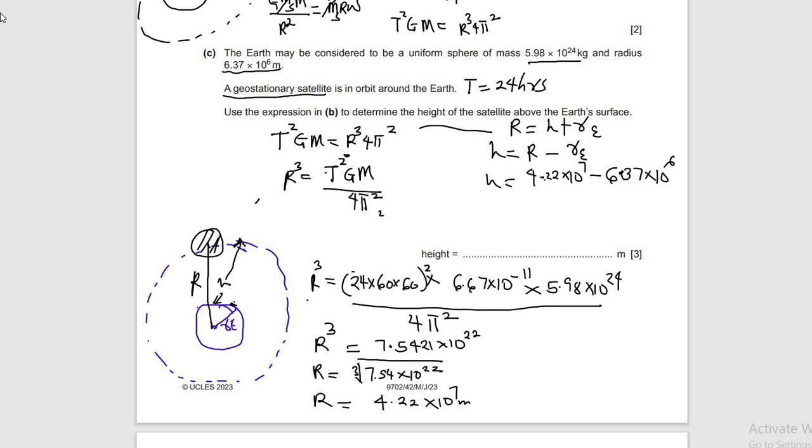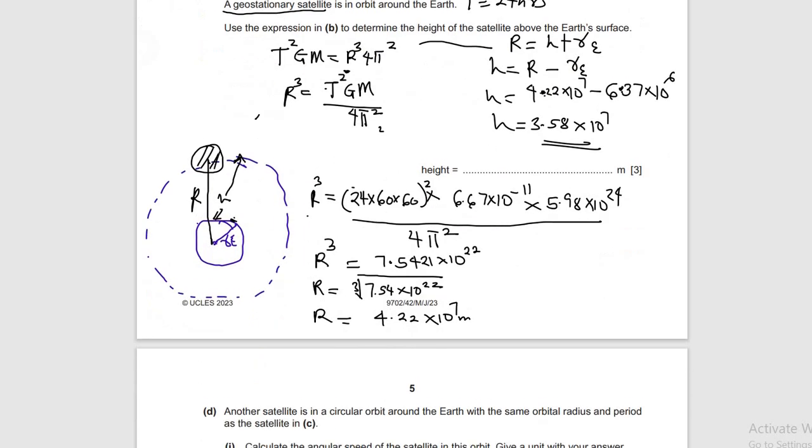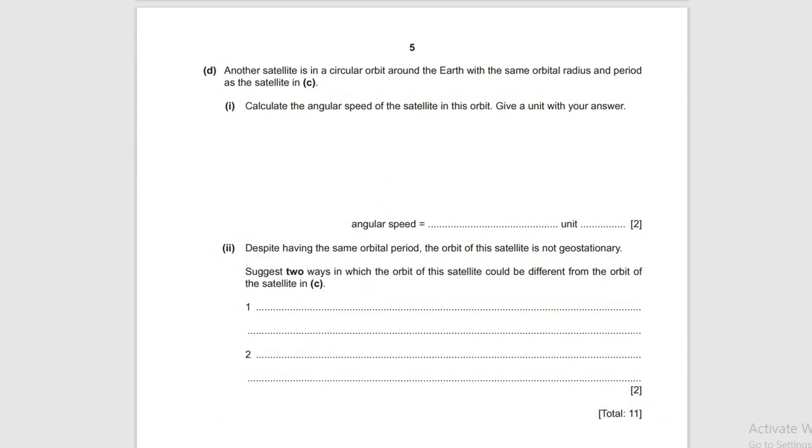So when you subtract, the height will give us 3.58 times 10 to the power 7. That's the answer. That's the height of the satellite above the Earth's surface. The next question.